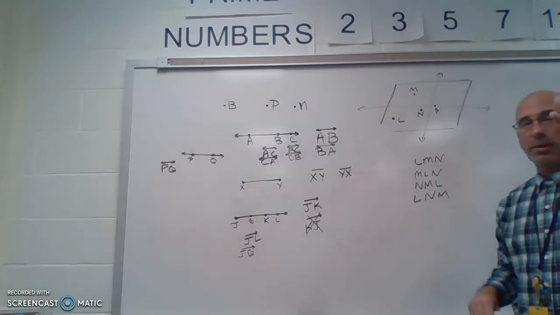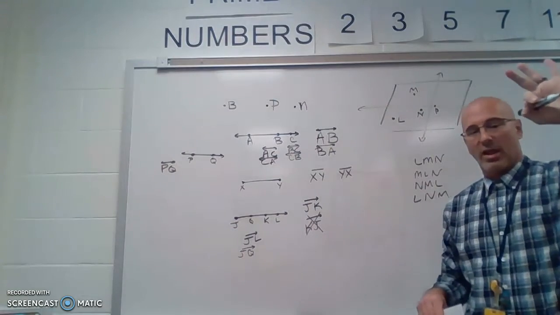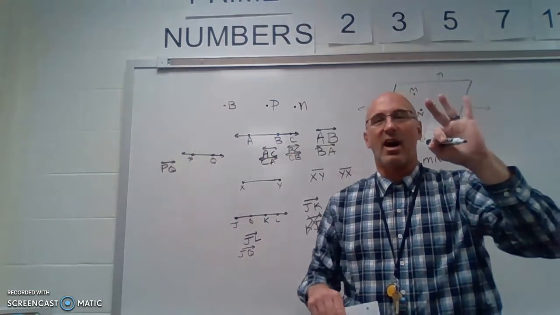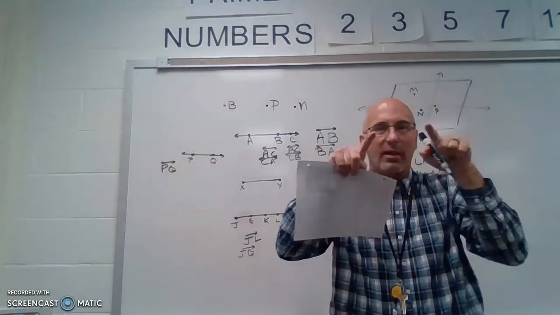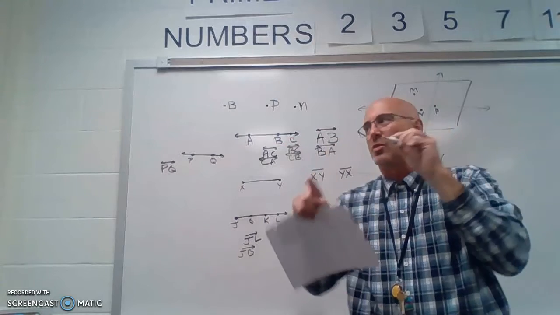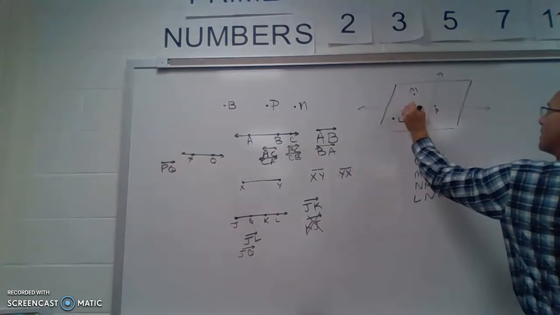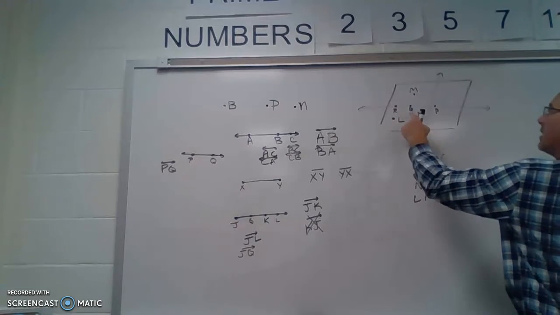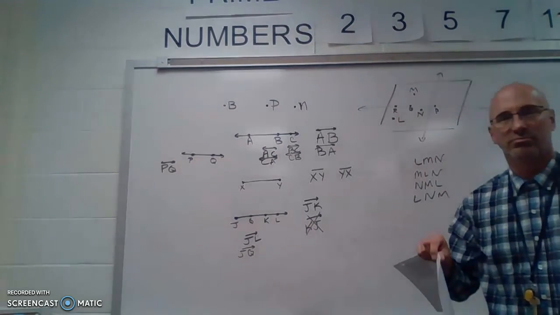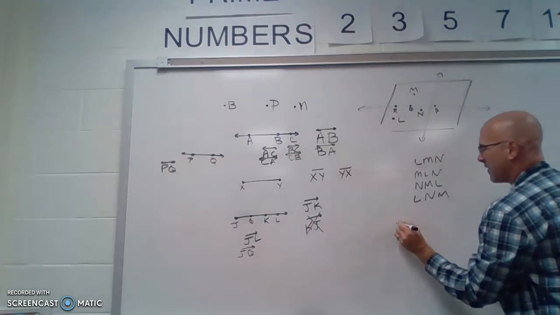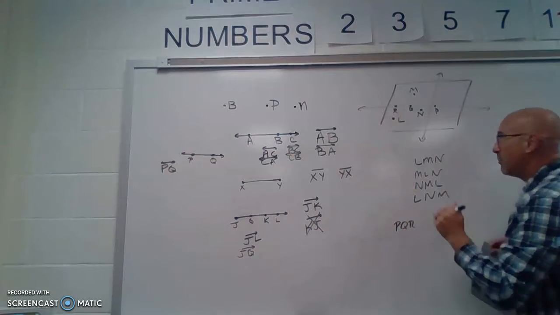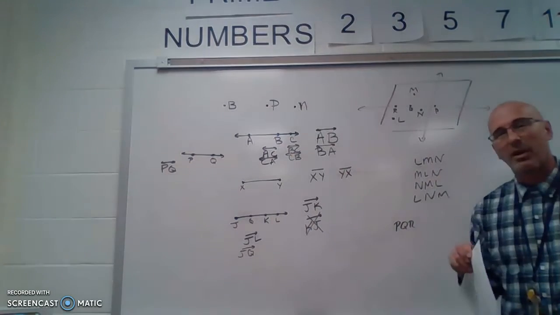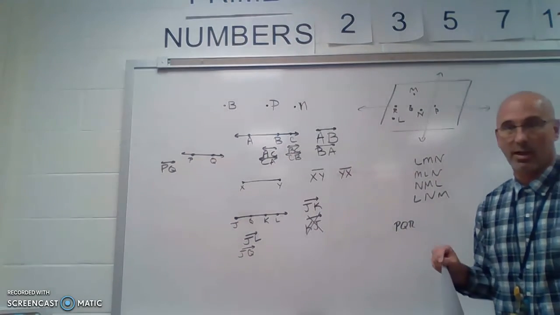Okay? The reason you have to pick 3, so if you had a line, 2 points make a line. So say we had P, Q, and R. We could not really say that it's PQR because they're all on the same line. We have to pick 3 points that are not on the same line.